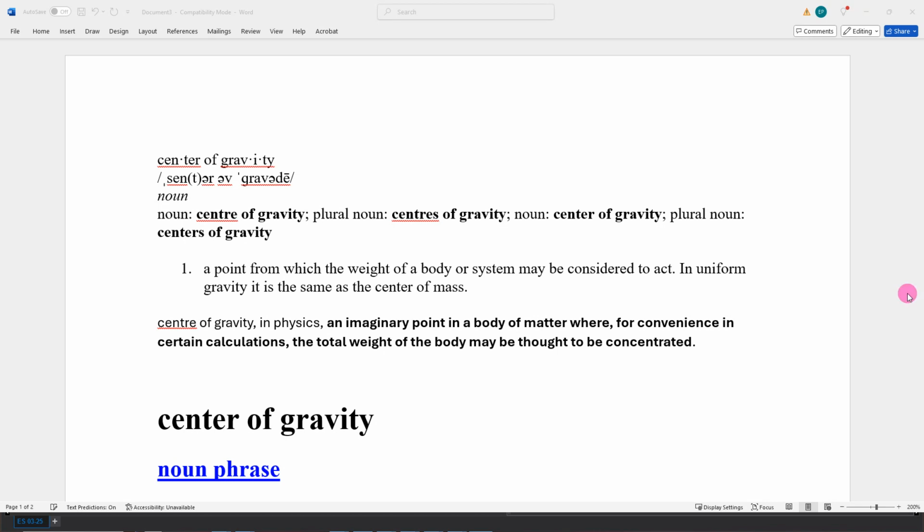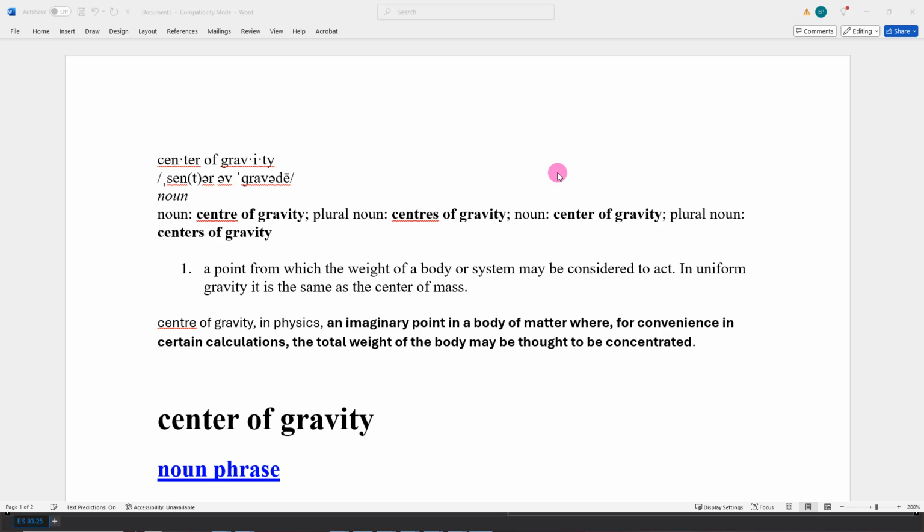So when I go and do that, looking at the gravity center or center of gravity, I've found various definitions. A point from which the weight of a body or system may be considered to act. In uniform gravity, it is the same as the center of mass.